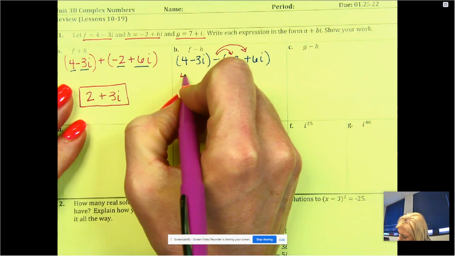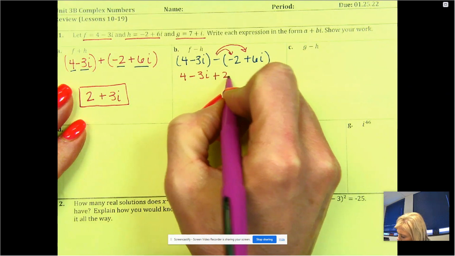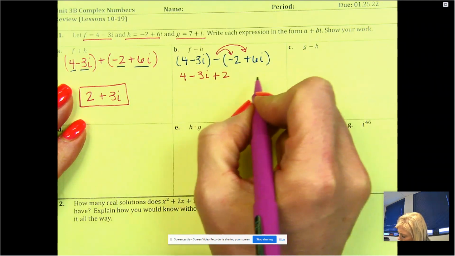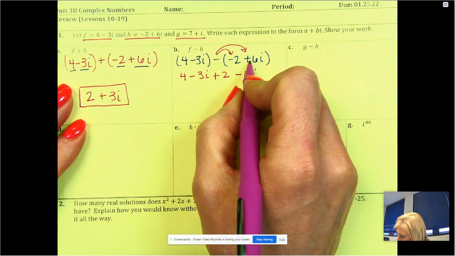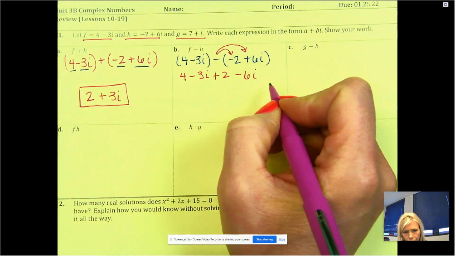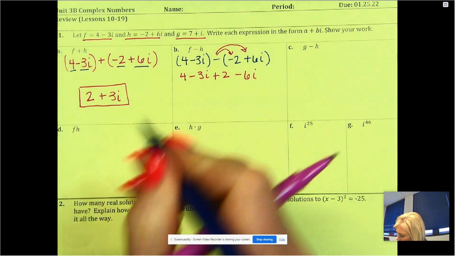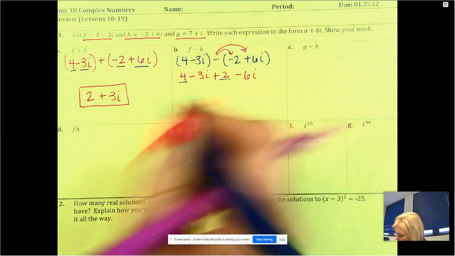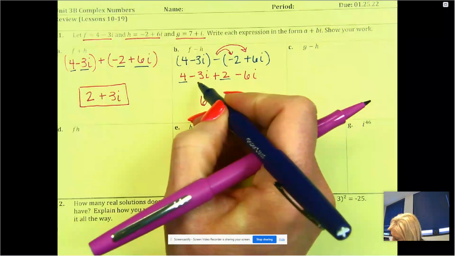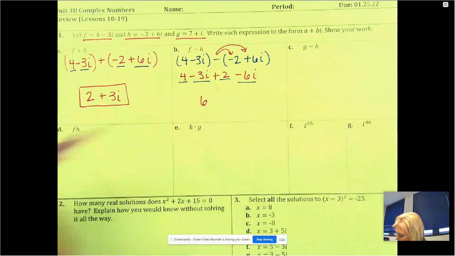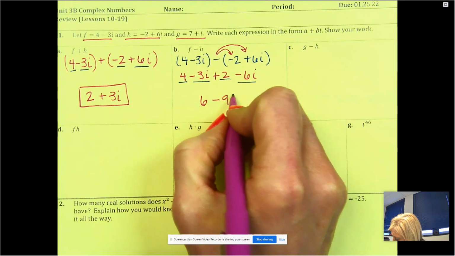And so it's really 4 minus 3i plus 2 from the two negatives, and then minus 6i from the minus and the plus. Okay, but again, we're going to combine those real numbers. 4 plus 2 is 6, and then negative 3i and negative 6i all together make negative, so minus 9i.